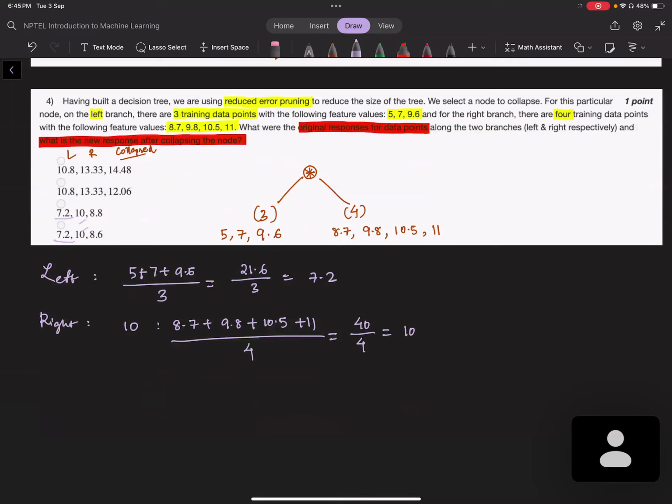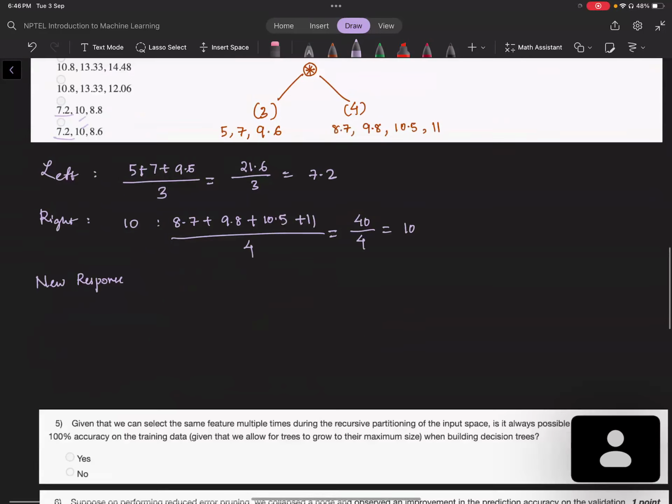And if we collapse this and prune the node, the new response for this would be 7.2 times 3 plus 10 times 4, divided by 3 plus 4.